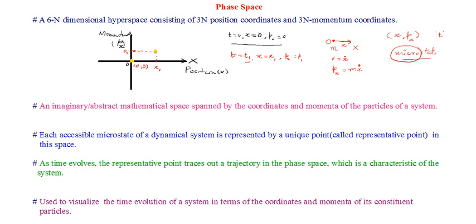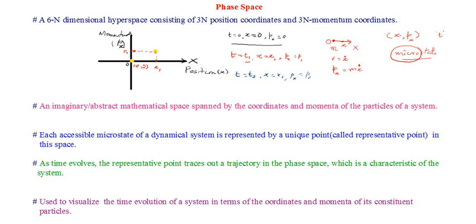Similarly, at any time, say t equal to t2, because we started from 0, let me say that x is equal to x2 and let the value of its momentum px be equal to p2. Some arbitrary value, I'm just taking. It can be anywhere, depending on the type of the motion.